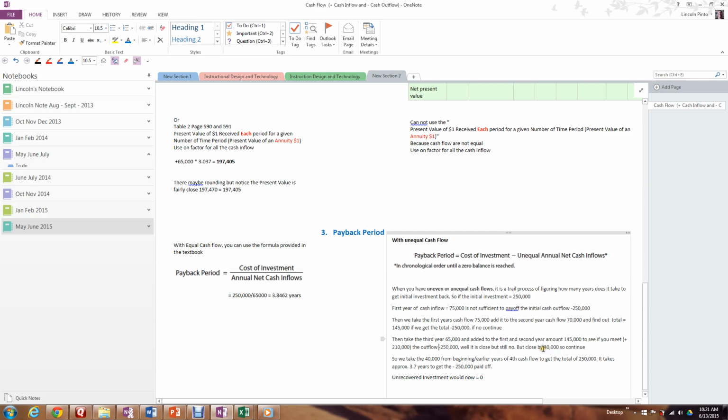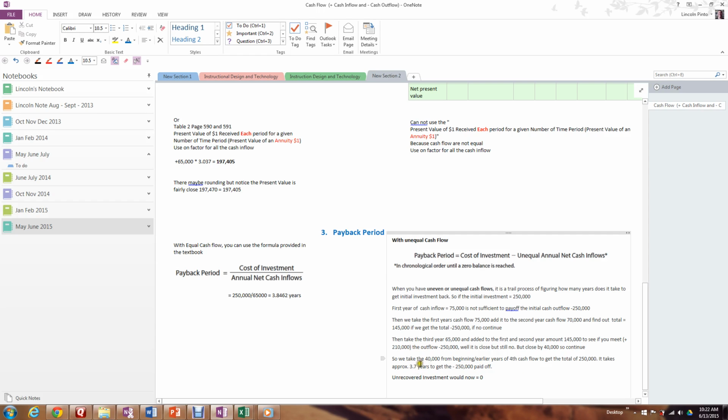Where are we going to get this 40,000 from? We're going to get that 40,000 from the fourth year's cash flow. We have completed the third year and haven't recovered it yet. Now we're into the fourth year, and it takes approximately 7 months or so to get the remaining 40,000, assuming that the cash coming in is equal for each period.